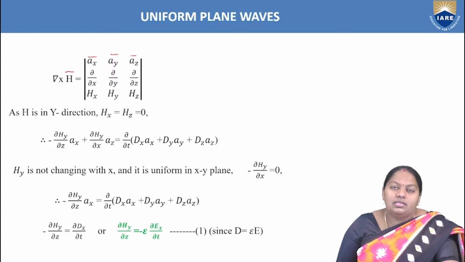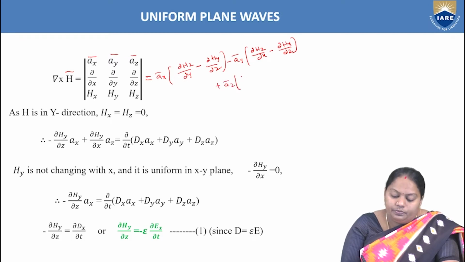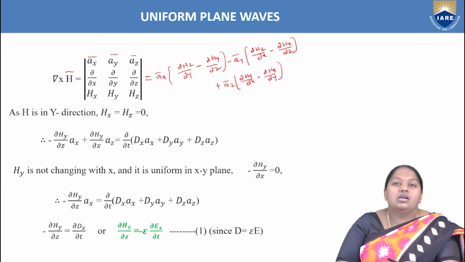Upon expansion, we get ax into (dou Hz by dou y minus dou Hy by dou z) minus ay into (dou Hz by dou x minus dou Hx by dou z) plus az into (dou Hy by dou x minus dou Hx by dou y).